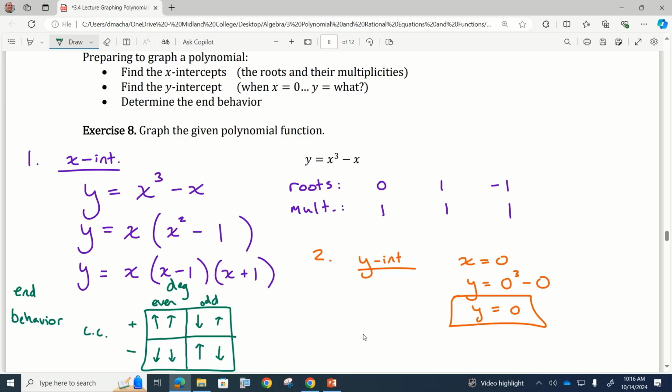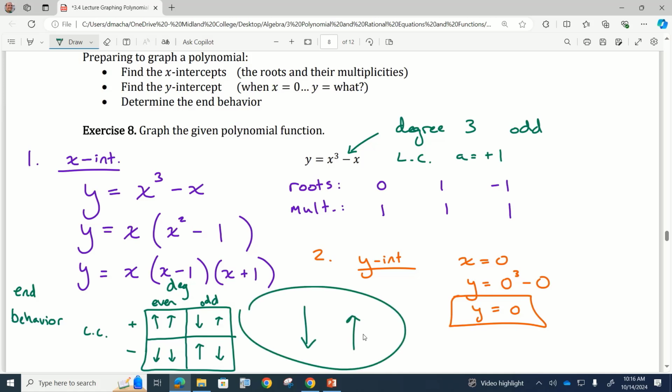What about this one? Is my degree going to be even or odd? Yep. Degree is 3, and 3 is odd. What about the leading coefficient? That is positive 1, right? So positive leading coefficient, odd degree, means that my end behavior is going to be down on the left and up on the right. See how we did that? Okay.